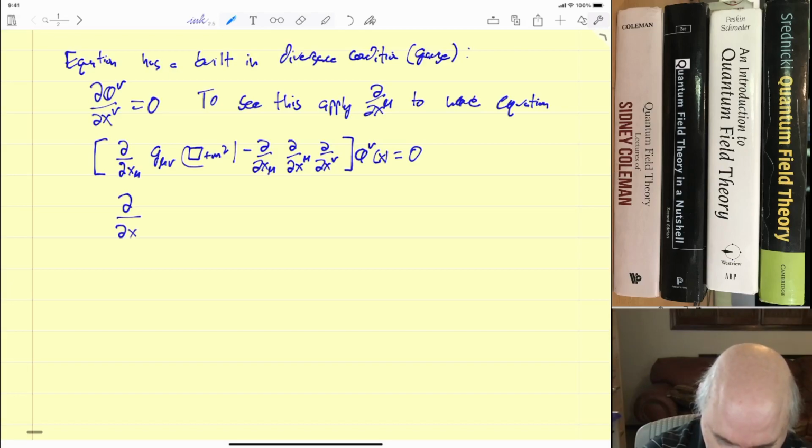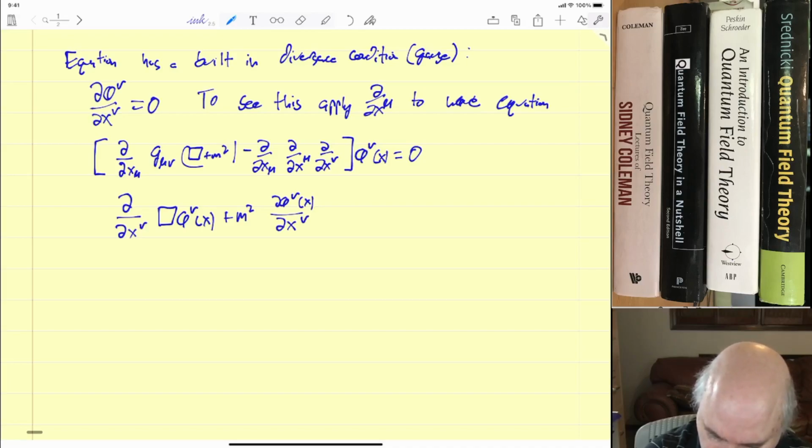So we have the partial with respect to x nu of the box applied to phi nu of x, plus m squared times the partial of phi nu of x with respect to x nu.